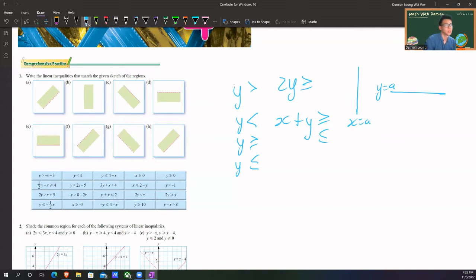Like this one, the B here, it's very obvious this involves a vertical line.